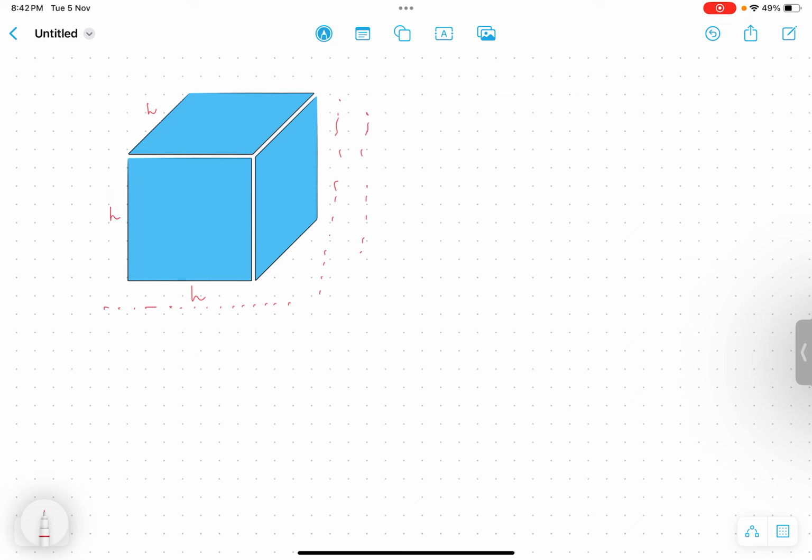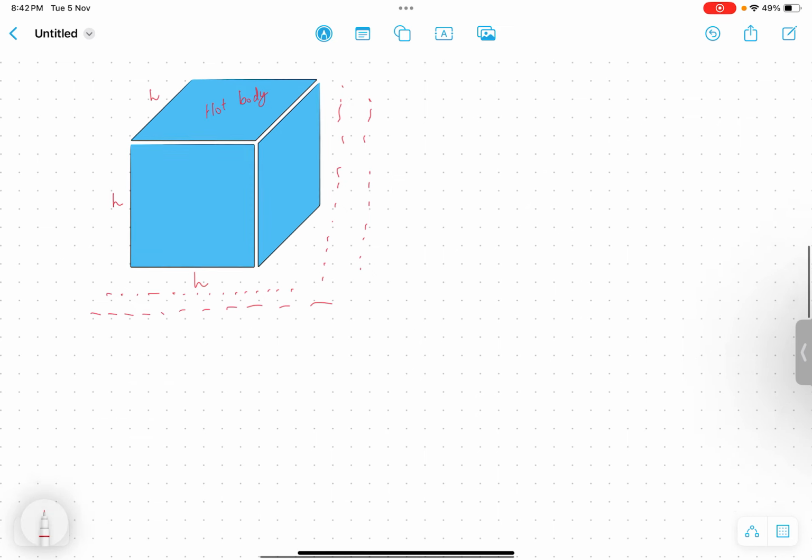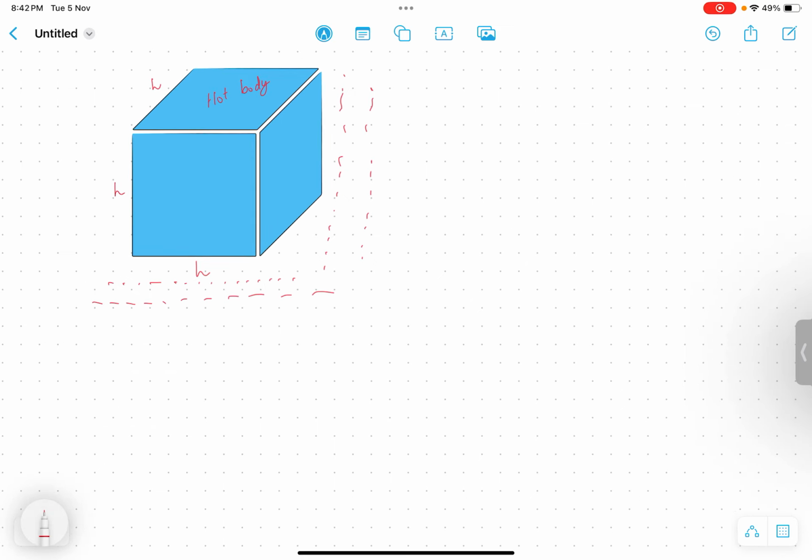These red color dots are representing the cold fluid and this is a hot body, all right. So this body is suddenly dipped inside this cold fluid, right?